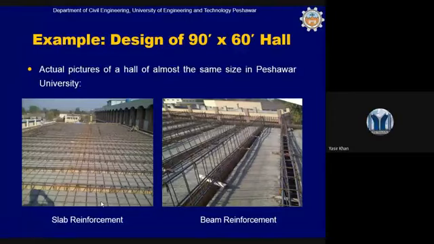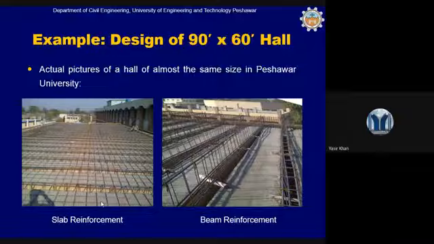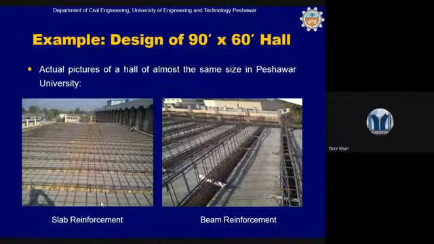Further reduction in the distance between the beams will have very little effect on the thickness of the slab, because there must be a minimum thickness of the slab, and that minimum thickness practically in current days is around 5 to 6 inch for good concreting. So you cannot reduce the thickness of the slab beyond 5 inch.